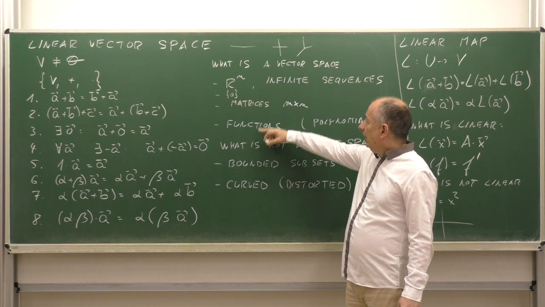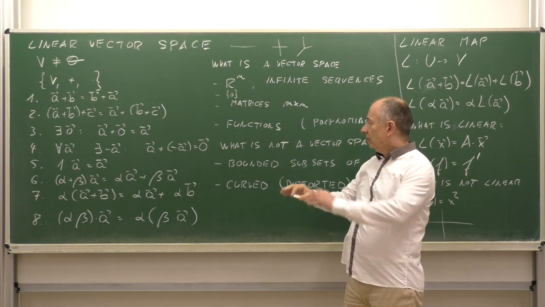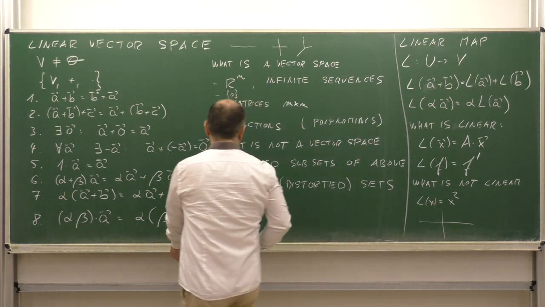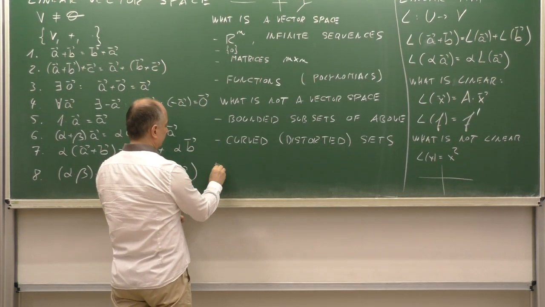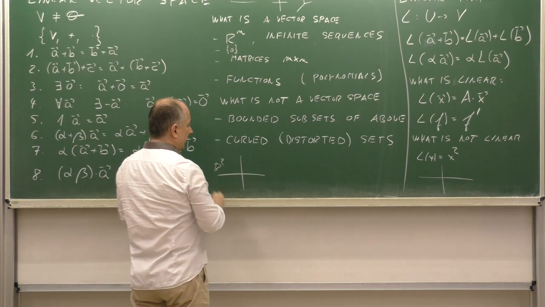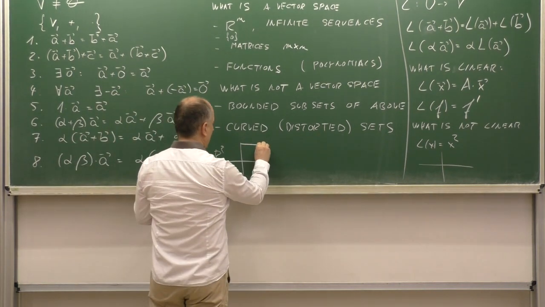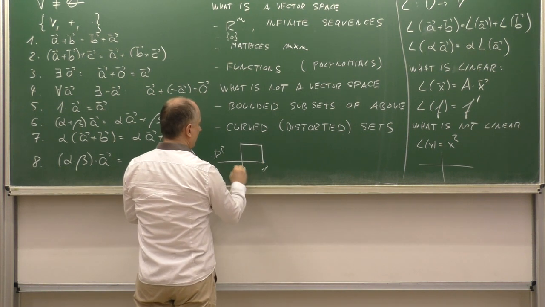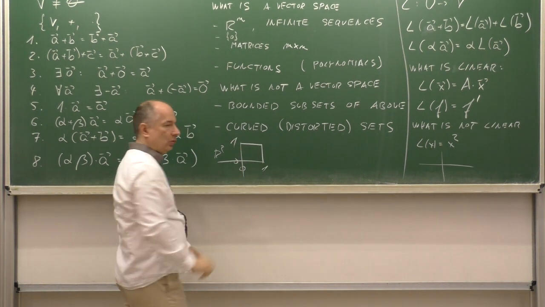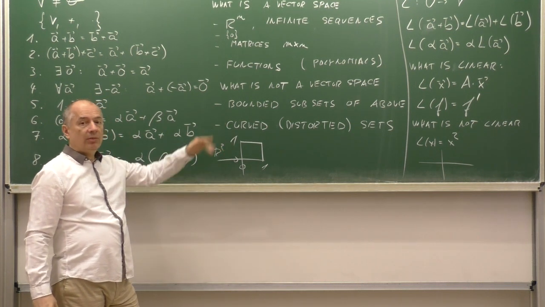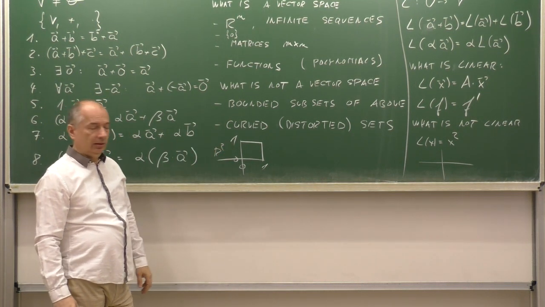If you take just a bounded subset, say, if you start with R2, that means the entire plane, and if you take only a square, say the unit square, equipped with the same addition and multiplication as for Rn.